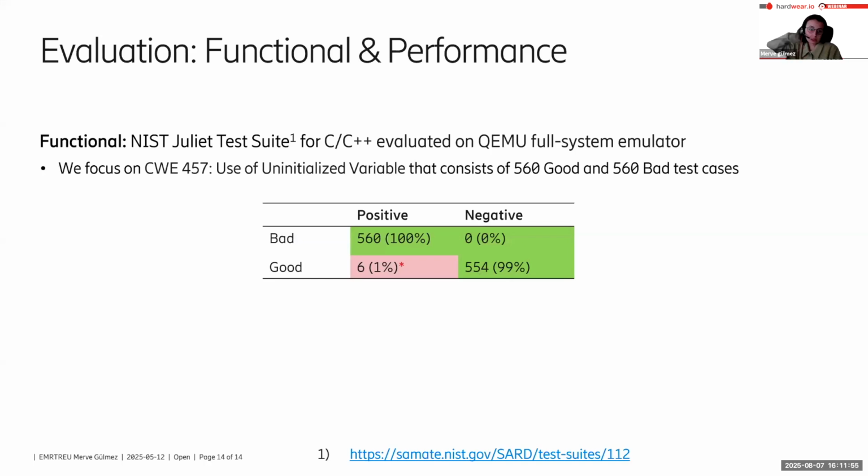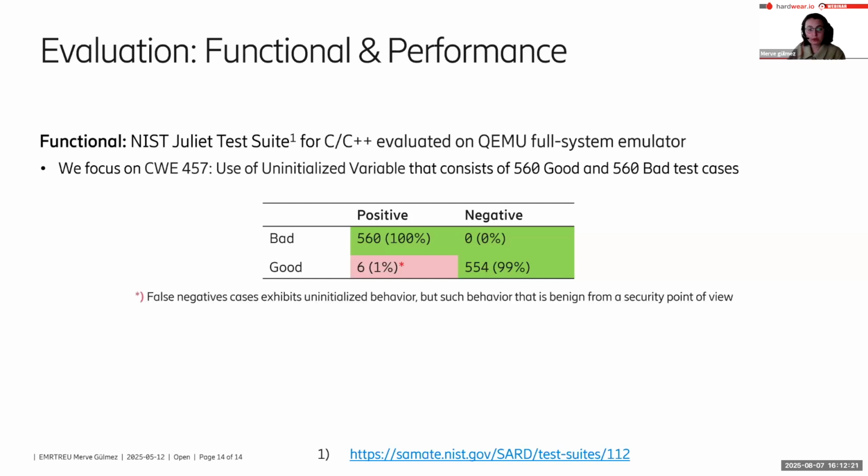For evaluation, we evaluate this MonCheri with the Juliet test suite on the QEMU full system emulator, and we mostly focus on use of uninitialized variables. This consists of 560 good and 560 bad cases. MonCheri was able to detect all the test cases, but in some cases we realize that we have some false positives.